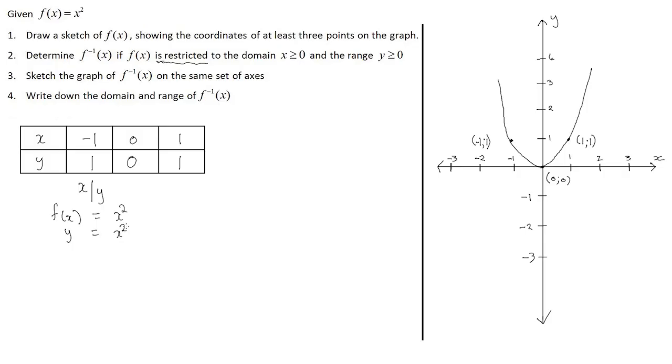Change our values, so this becomes x is equal to y squared. We do not want y squared. Let's get rid of that y squared, and we know we have to use the square root sign, so the square root of x is equal to y.